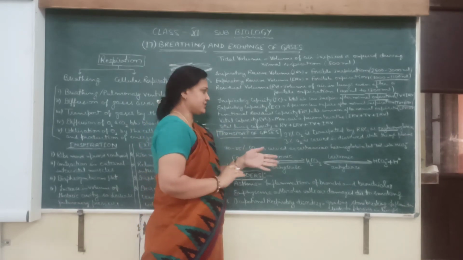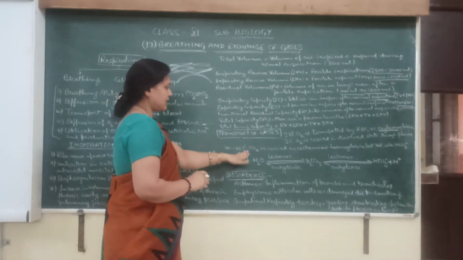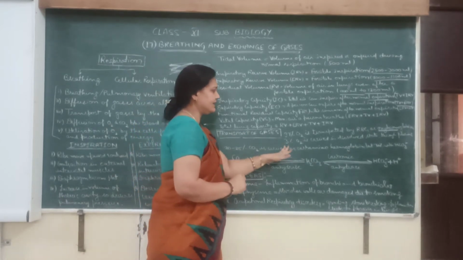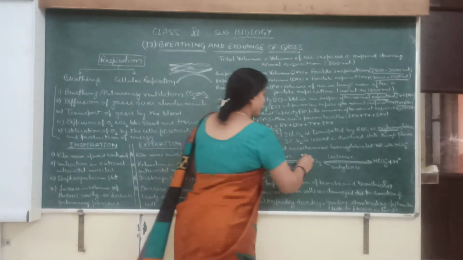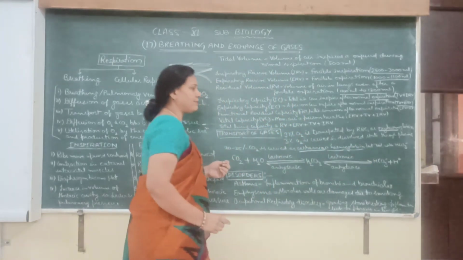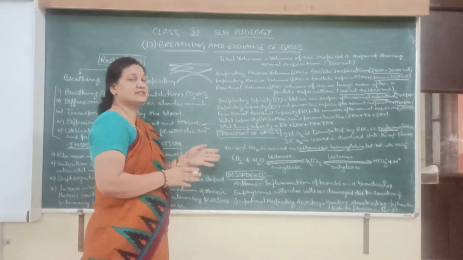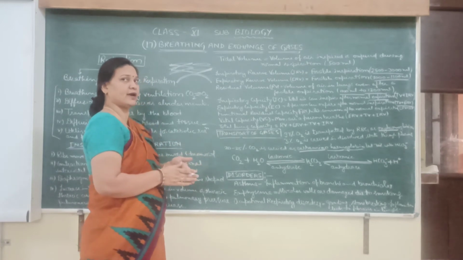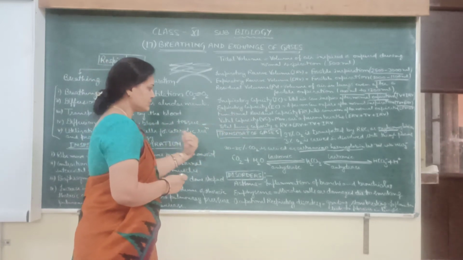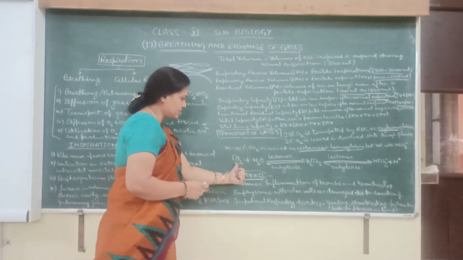the dissolved condition. And carbon dioxide, about 20 to 25% carbon dioxide is carried as carbaminohemoglobin. Hemoglobin binds the carbon dioxide and forms carbaminohemoglobin. But 70% carbon dioxide is carried by the bicarbonate ion. So what happens?